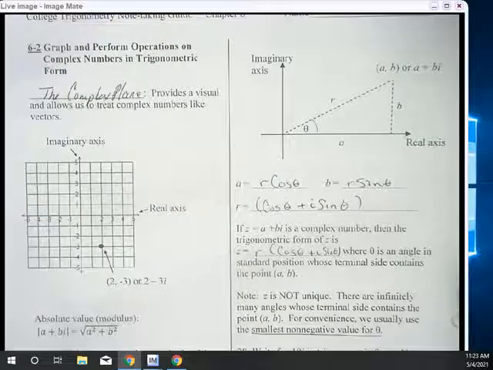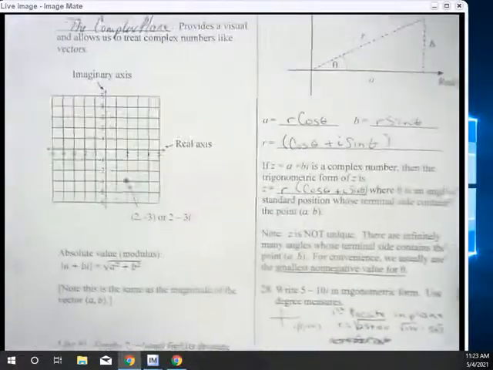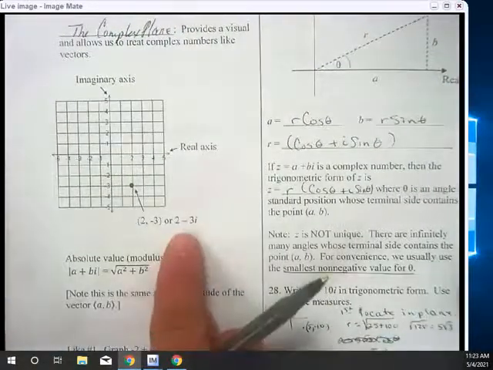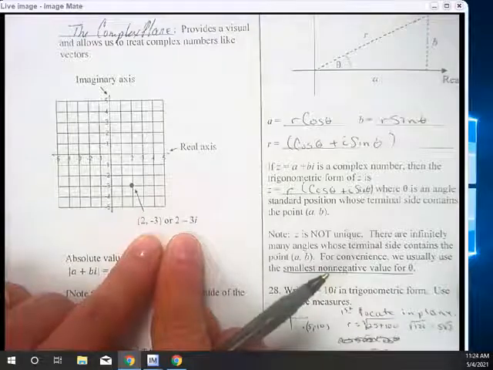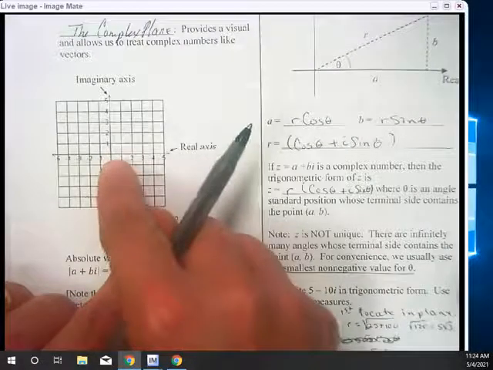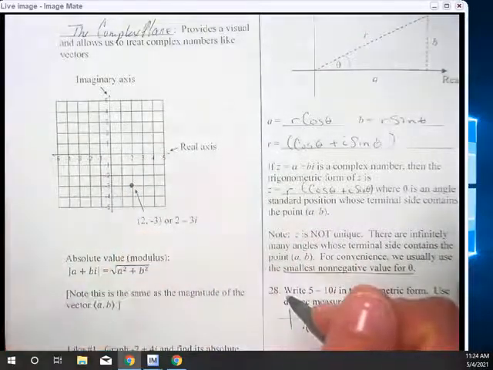The real number part is going to be your horizontal axis, which was the x-axis. Your vertical axis is going to be the imaginary axis. If you have the complex number 2 - 3i, think of that as the point (2, -3). You would start at the origin, you would go 2 and then down, (2, -3).